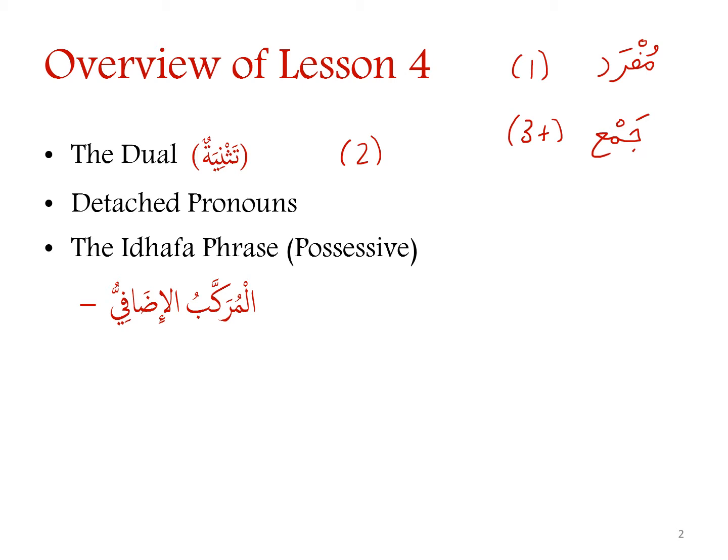But Arabic has this extra category when we have exactly two. We call the dual, or muthanna. We're also going to look at detached pronouns and a new phrase, al-murakkabul idafi, or the idafa phrase, possessive phrase.